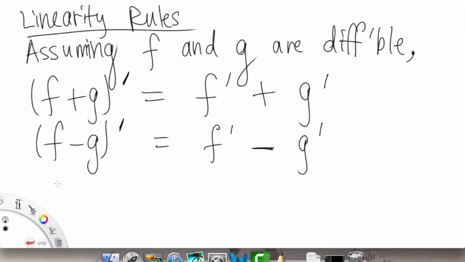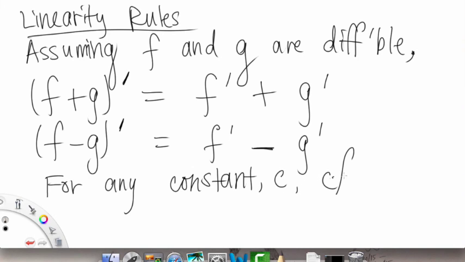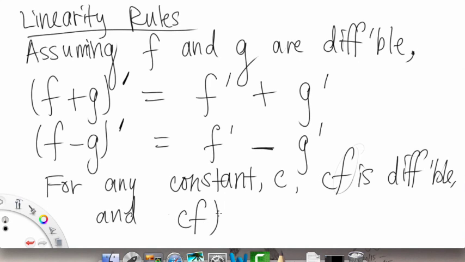And then we're going to add one more: for any constant c, if f is differentiable, then c times f, like 2f or 3f, has a derivative that is the same as taking the derivative of just f and then multiplying by that constant later on. Alright, so now let's do a practice problem.